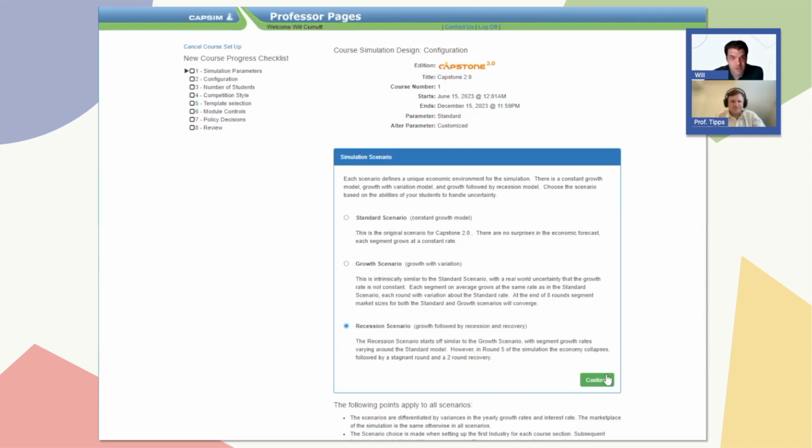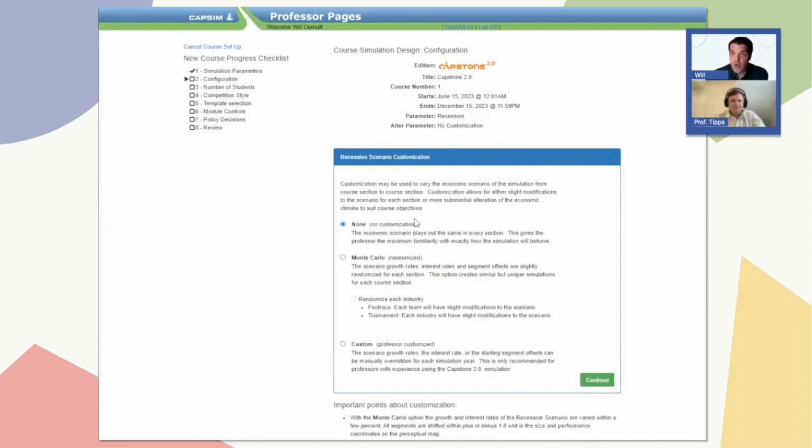Great. So I'll choose this recession scenario for you. Let's take a look at the additional options that we have. If we choose no customization, each recession will be the same from section to section. A Monte Carlo, a lot of professors will choose a Monte Carlo when they have multiple sections, multiple industries within the same course.